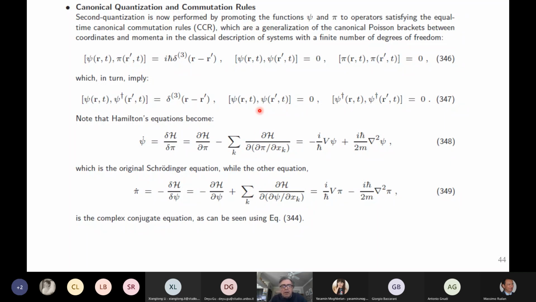Okay, so I have reformulated my problem by quantizing the field psi and its canonically conjugated momentum field density, and the Hamilton equations of motion are exactly the Schrödinger equation of motion for the field. Again, though, this is not a wave function, it's not a state on a Hilbert space, it is an operator that acts on some Hilbert space yet to be defined. Any question? Should I go back and re-describe the procedure?